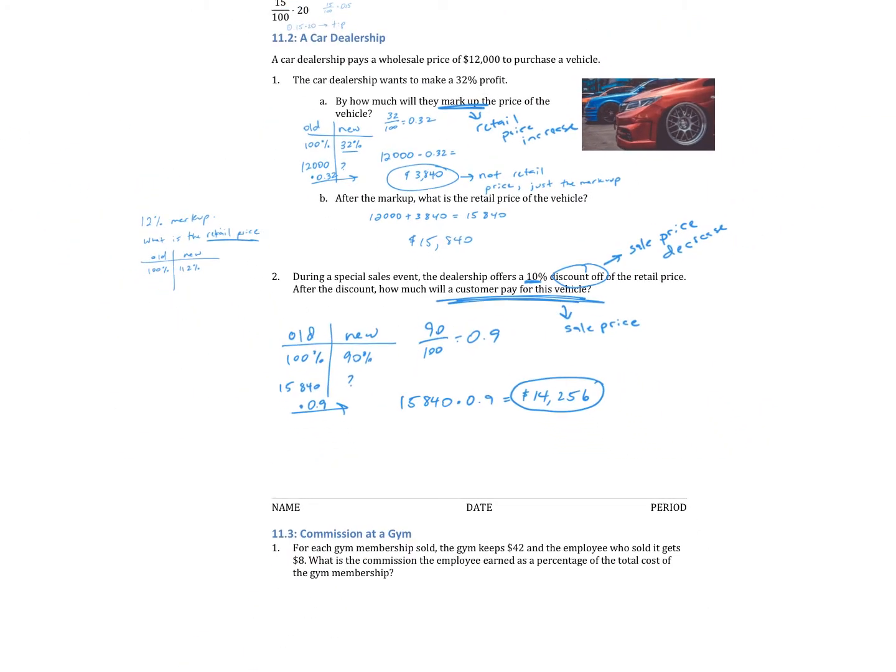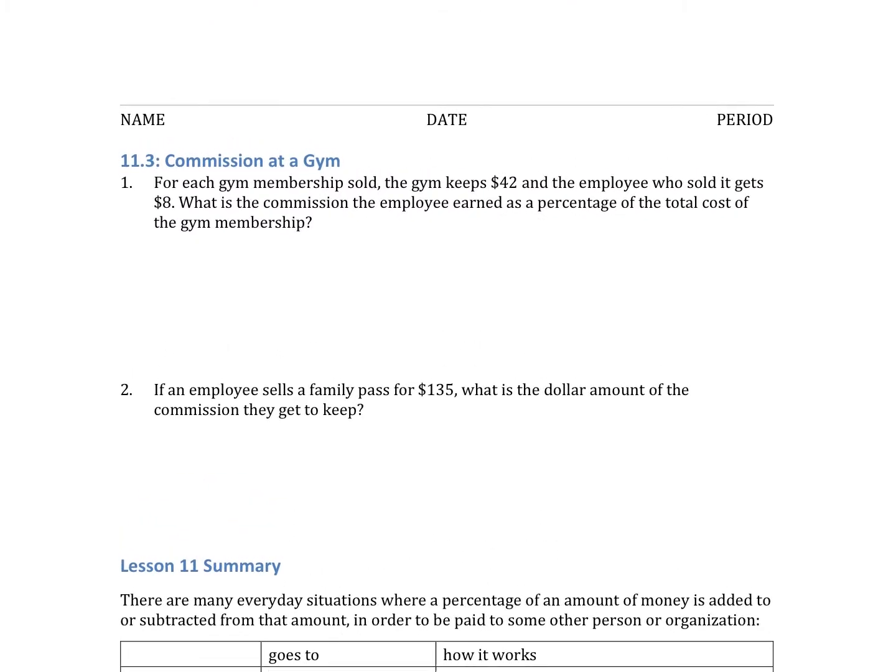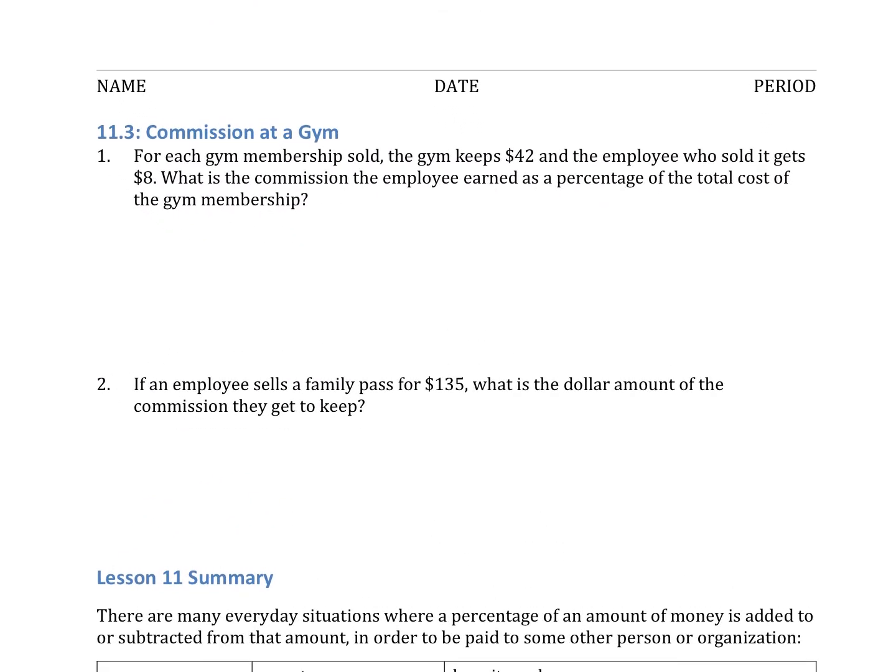All right, let's move on to the third activity. For this activity, we are now talking about commission. Now, this might be a new vocab word for you, but just so you know, commission, two M's, is money earned by salespeople.